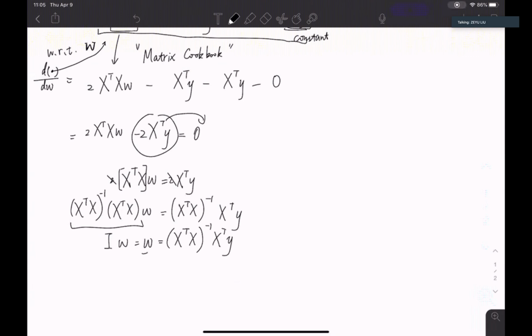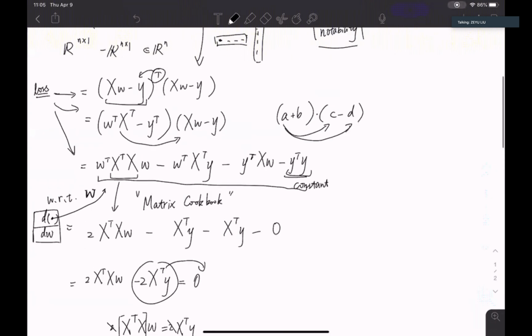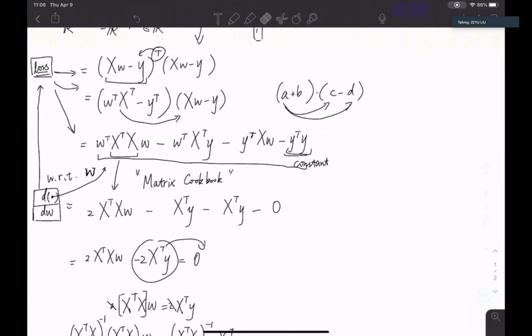So this expression means when W equals to this weird thing, the derivative of our loss will be equal to 0. And since this is a convex function, it's just a linear and then square.